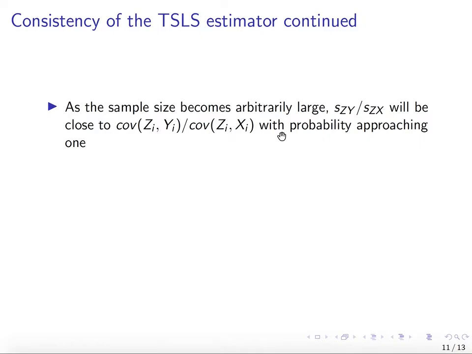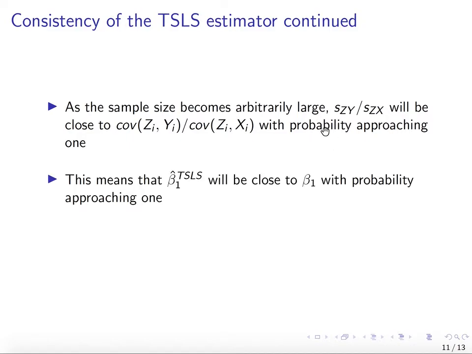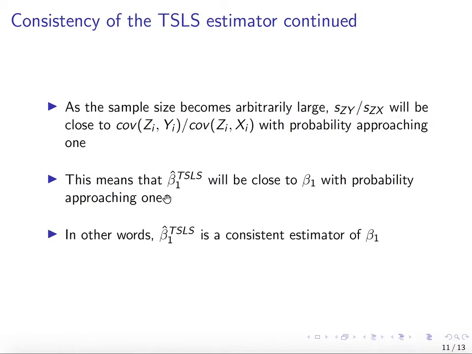And this will be true as n increases. This will get closer to this with probability approaching 1. This means that the beta hat two-stage least square will be close to the true beta 1 with probability approaching 1. Stated differently, beta hat two-stage least square is actually a consistent estimator of beta 1.